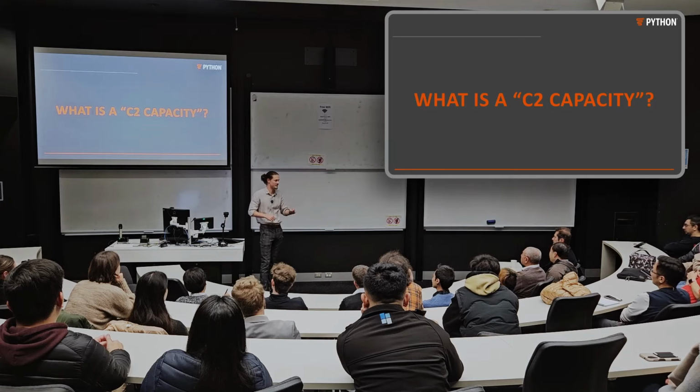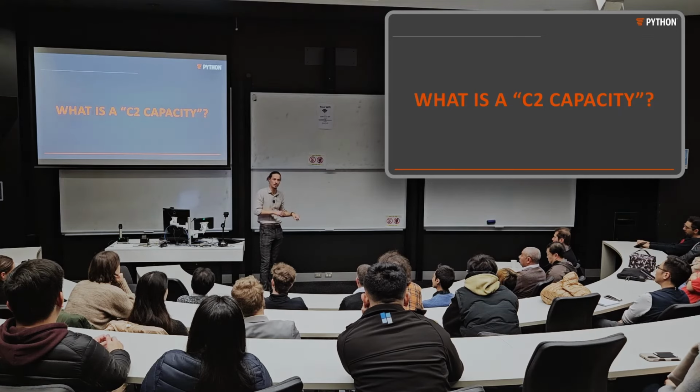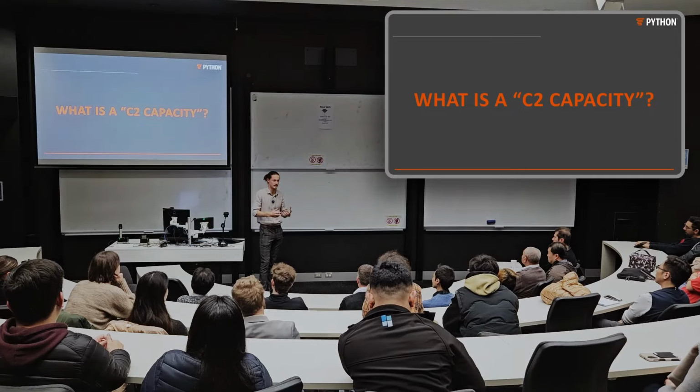If we were to try and be specific about it, that is what a C2 capacity is. That is physically what we are testing when you get a C2 capacity.